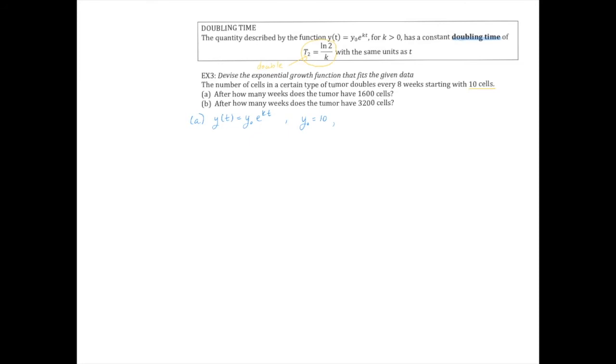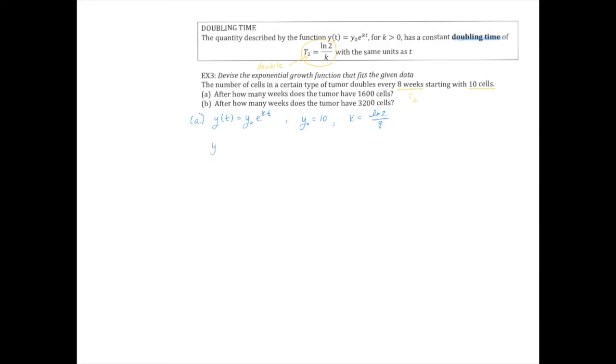And I also know what k is. If I take my doubling equation, where t sub 2 is the 8 weeks, I get k is equal to the natural log of 2 over 8. And this is exact. Remember, we don't want to use a calculator until the very end.